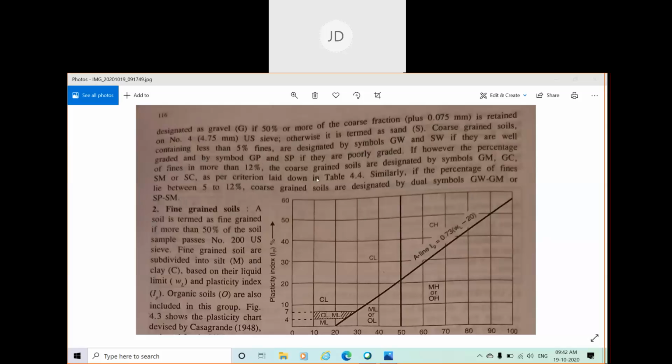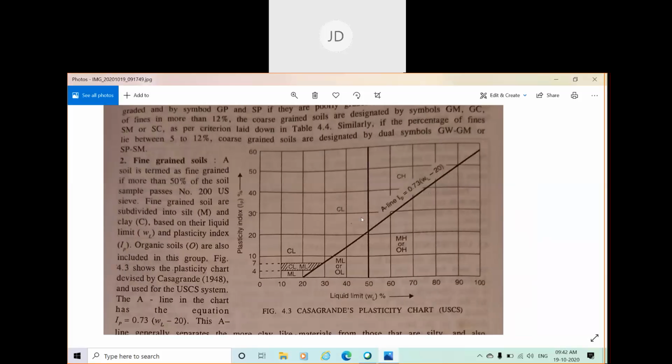Now, coming to the second part, the classification of fine-grained soil. In the very beginning, we already discussed that fine-grained soils are classified based on their plasticity. They are not classified under a particular size. They are classified under their plasticity characteristics.